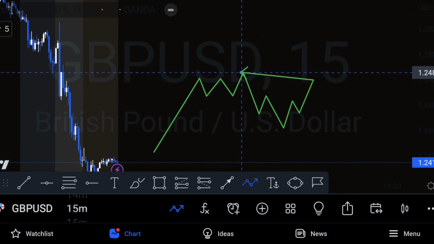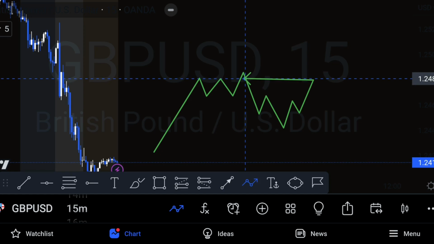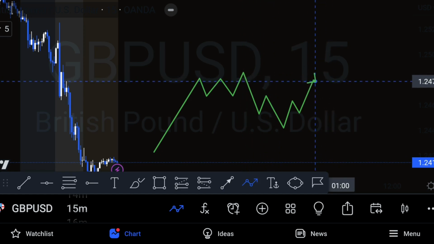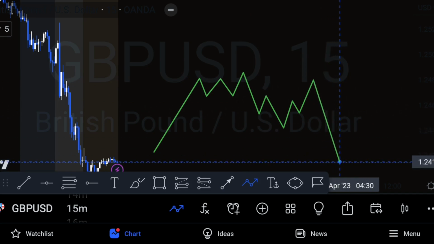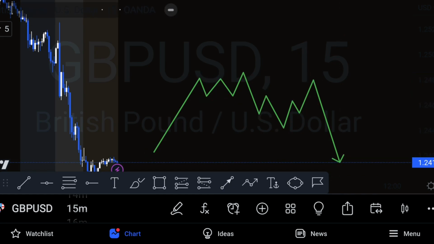And usually in this supply zone we have an order block right here. That's why I said supply and demand and smart money concepts, order blocks and all that, it's basically the same thing, just different terminologies. So when price gets up to this point, we'll now have that move downwards. So this is for the sell scenario.